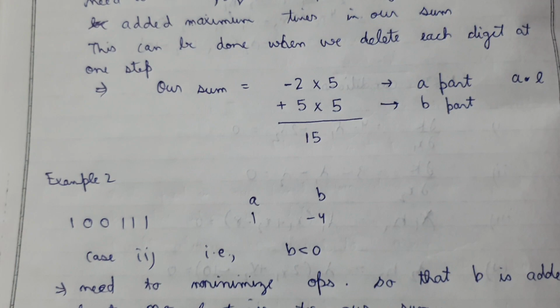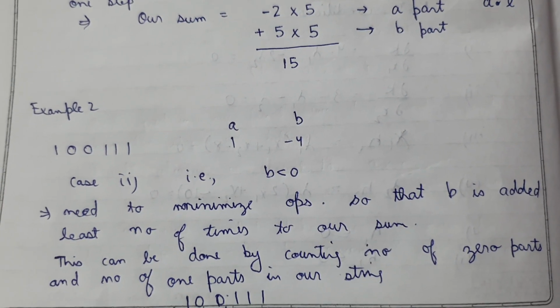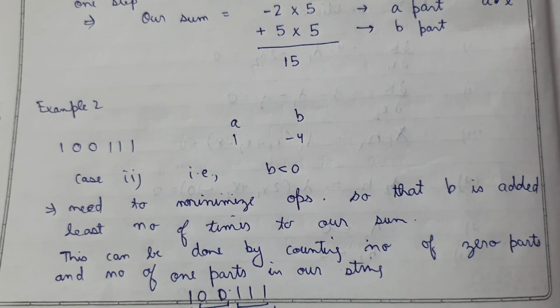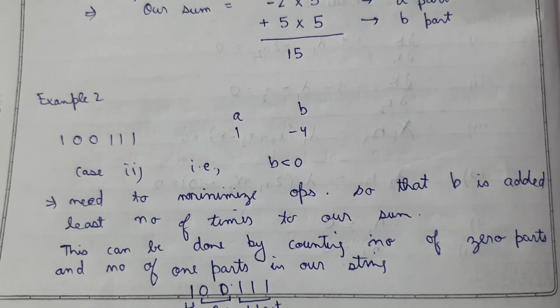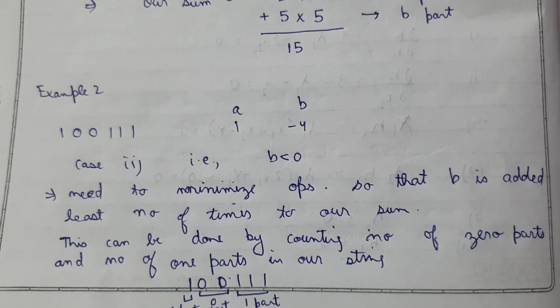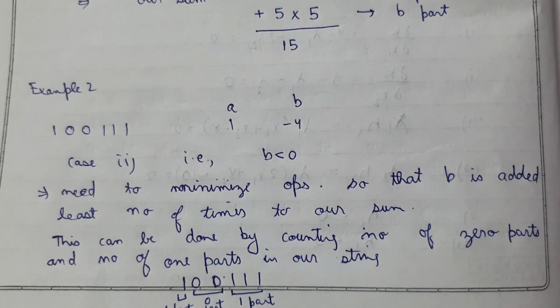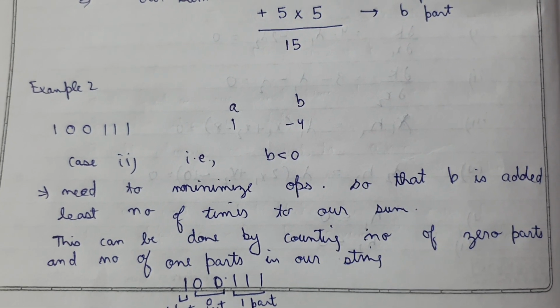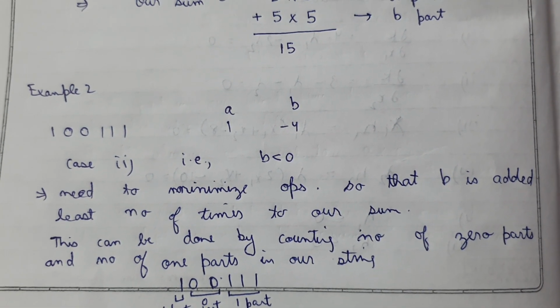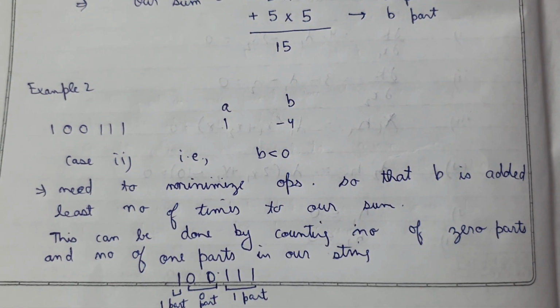So let's take another example that is given in the question. It is 10011, and a is 1, b is -4. So in this case we need to minimize our operations. Why? Because this is an example of case 2, that is, when b is less than 0. So how can we minimize our number of operations?